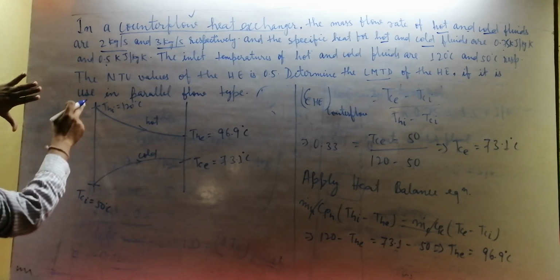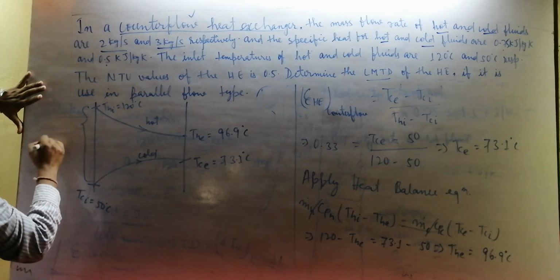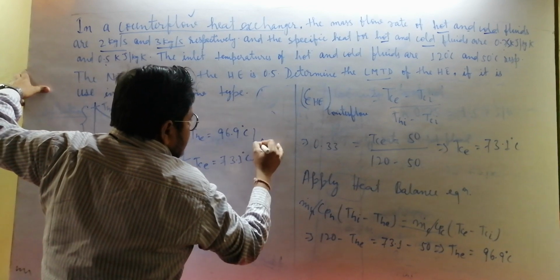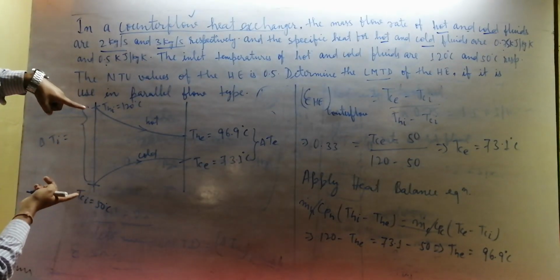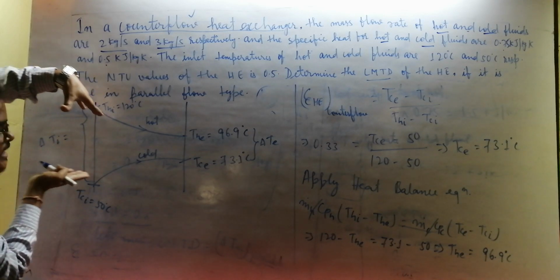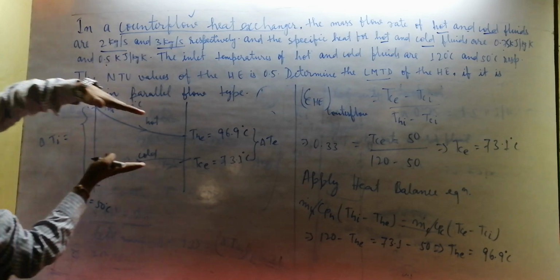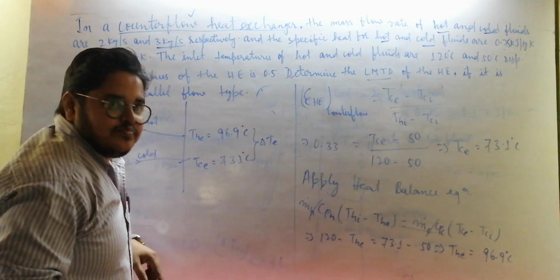Now I have to calculate this difference. This difference is called del Ti, and this side is called del Te. Means the difference between hot and cold fluid when both the fluids enter the heat exchanger, this one del Ti, and when coming out of the heat exchanger, the temperature difference is del Te.